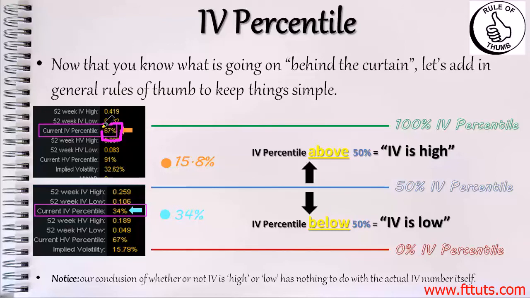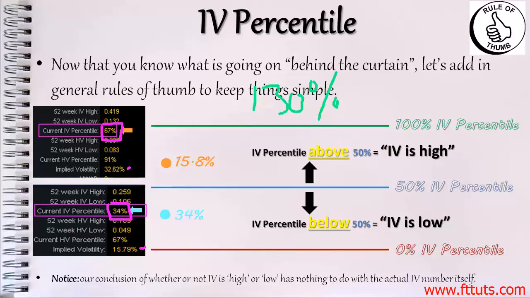But at the end of the day, if you're looking at this, you could say, all right, this one has 67% IV percentile. This one has 34%. Well, this one is obviously going to have higher volatility. And not just because implied volatility is higher down here. Keep in mind, let me ask this. Let's say that I tell you, we'll go back to that example of 130%. 130%. You're thinking, wow, that's high.